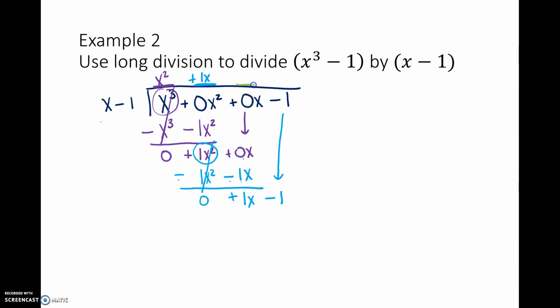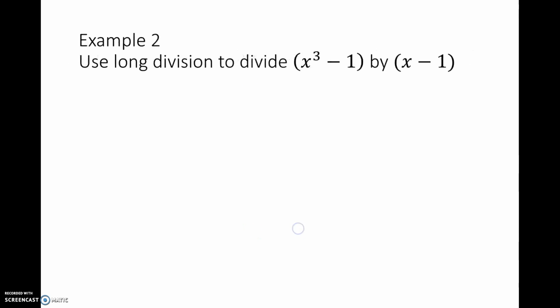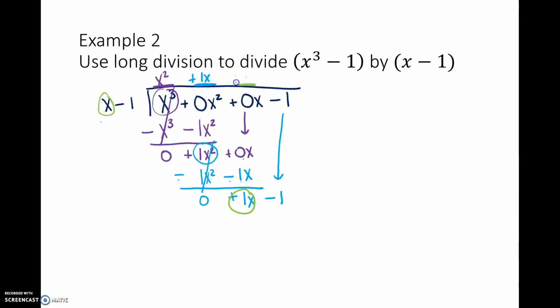Now we are looking for this blank. This light green blank times x has to give me 1x. You're always looking for the leftmost term at the bottom of your column. So x times what would give me 1x? 1. And then you distribute 1 times x and 1 times 1 and write those answers down here. 1 times x is 1x. 1 times -1 is -1.